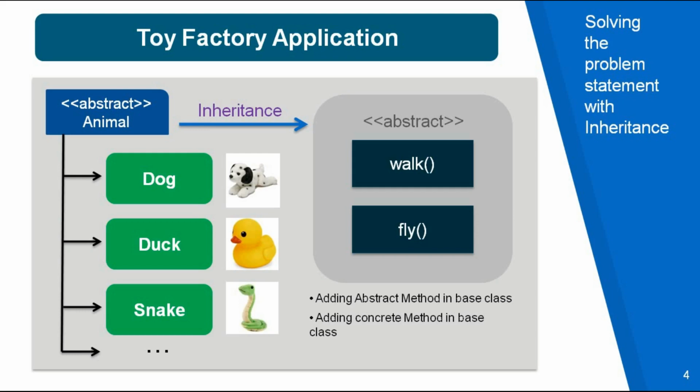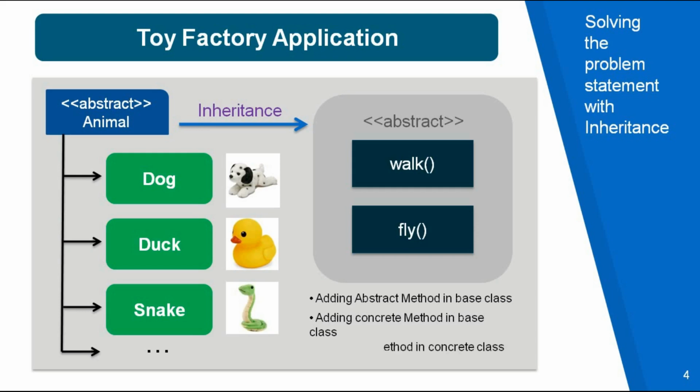Another problem with this approach is that if you add some implementation in the base class, it will be available for all the classes, and some features are unwanted for some classes. For example, the fly feature is not required for the dog class or snake class, but since we are adding it in the base class, it will be available for those classes. So this approach is also not feasible.